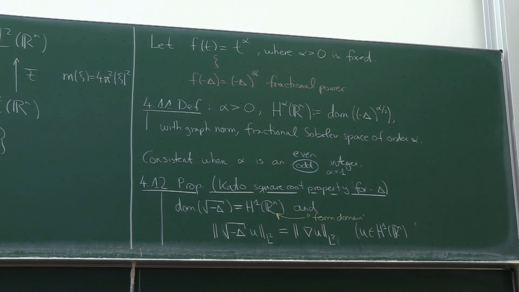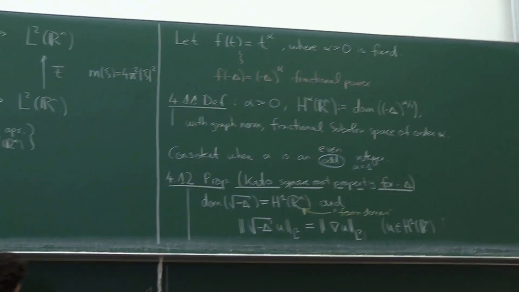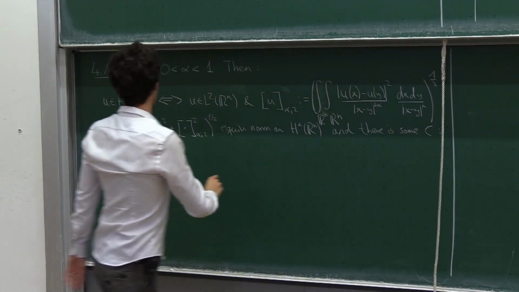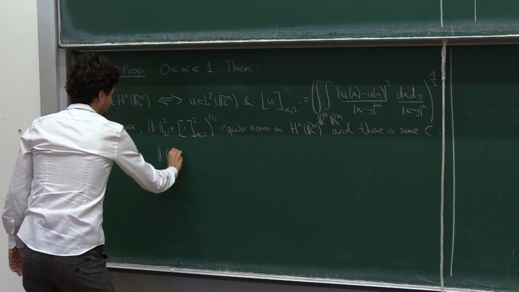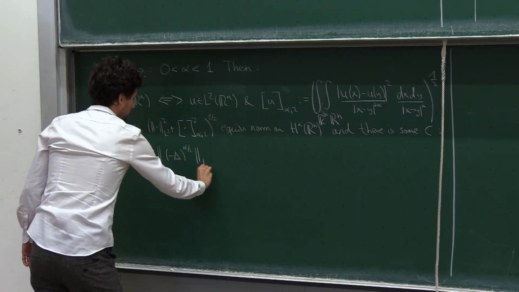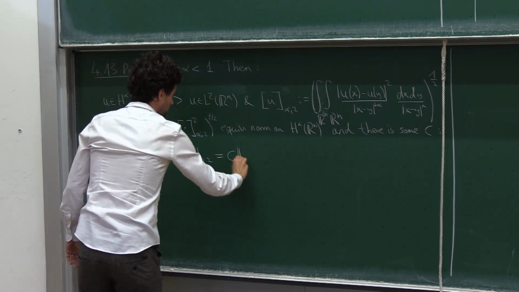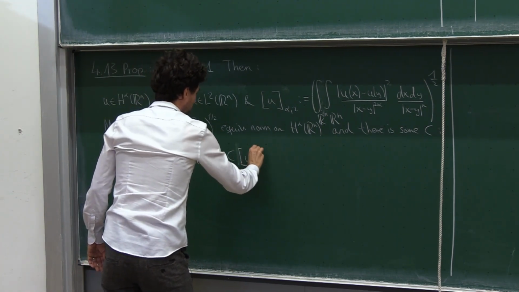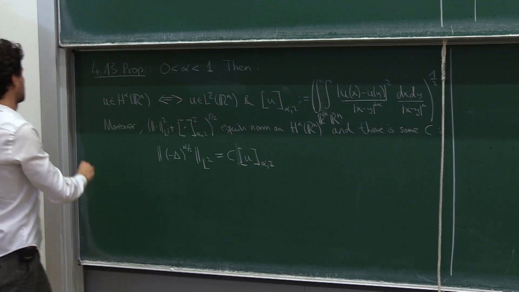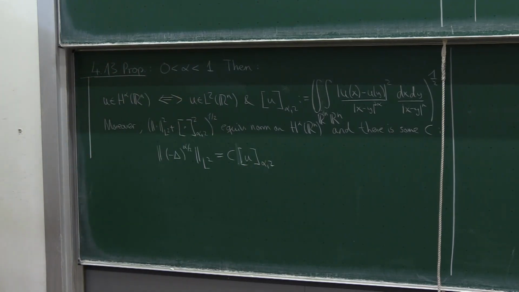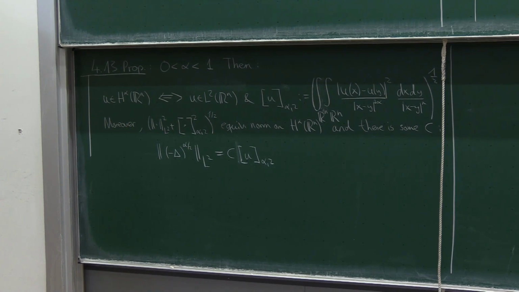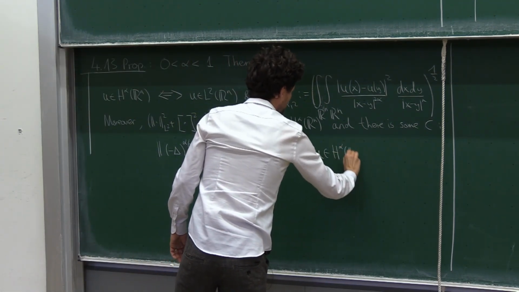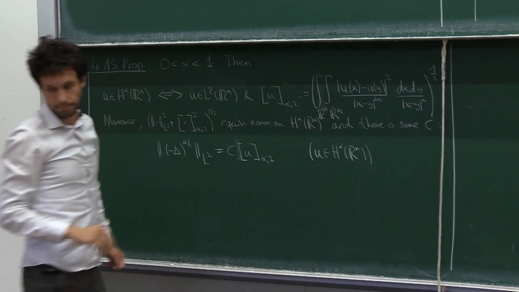Namely, there is a constant with the property that if you measure minus delta to the alpha over 2 in L2, this is up to a constant exactly the same thing as this fractional norm. Okay? And this works for all U in H alpha.